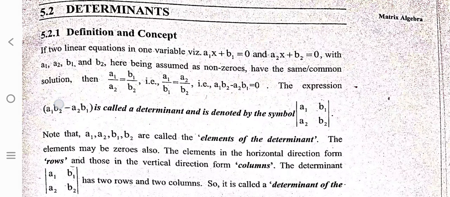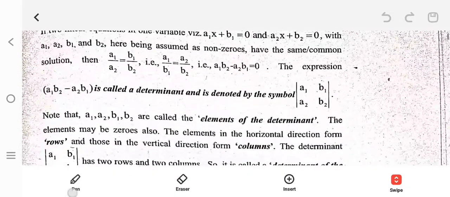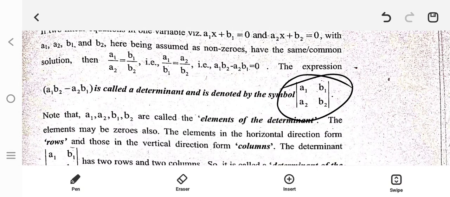Also we can write a1 b2 minus a2 b1 equal to 0, and this expression is called the determinant and is denoted by this symbol. And a1, b1, a2, b2 are the elements of this determinant.